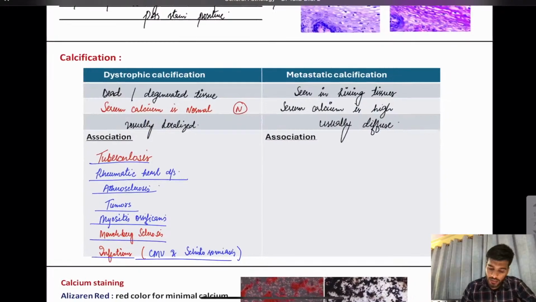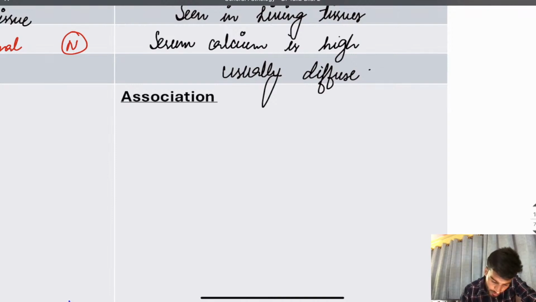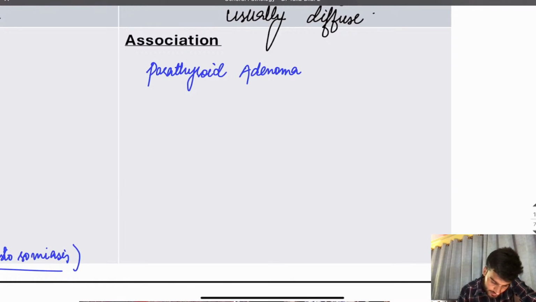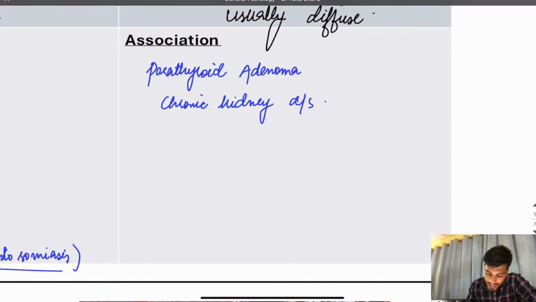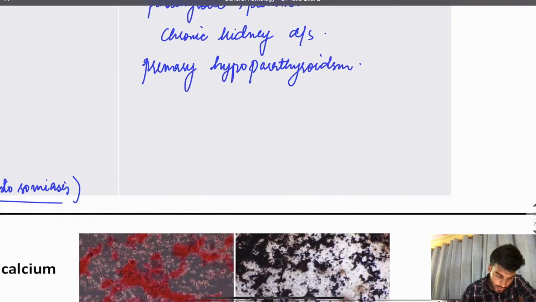Okay, if I talk about the associations in metastatic calcification, guys, the first one is parathyroid adenoma. Okay, we have chronic kidney disease, where there is increased phosphate. We have primary hyperparathyroidism. We have sarcoidosis.